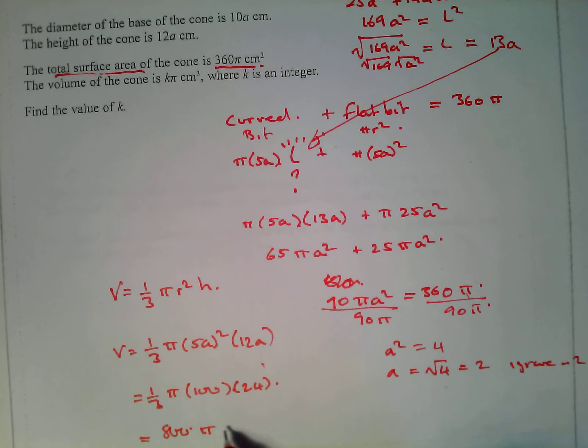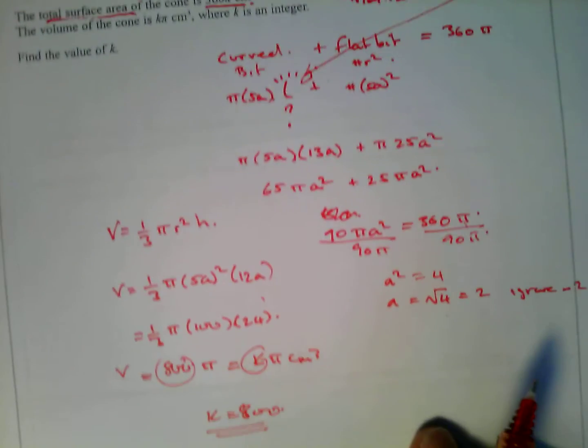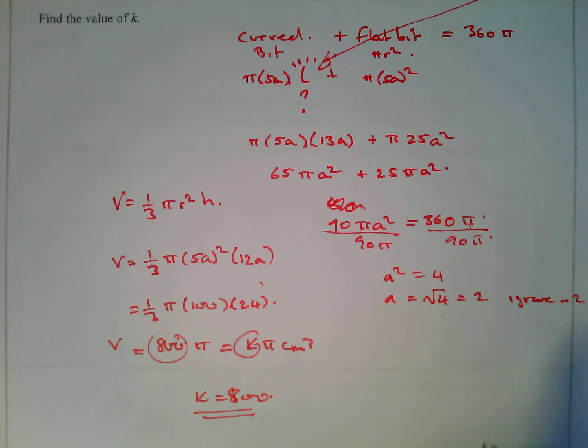Okay, the volume of the cone is k pi cubed. The volume of the cone is given to you by the formula one third pi r squared h. And so V is equal to one third pi, r squared is 5a squared, and h is 12a.